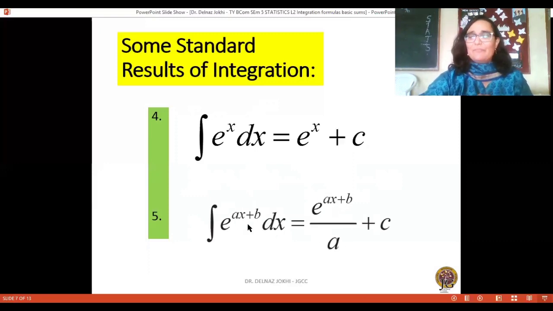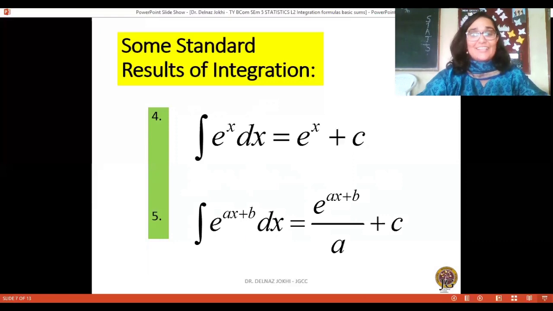Great. Number 5. Look carefully. What was the question you had to ask? Remember? What did Delnaz ma'am say? Where is x? Where is x? In the power, in the exponent. What is it? Integration e^(ax plus b) dx. What did I teach you? When x is in the power, you copy and paste.